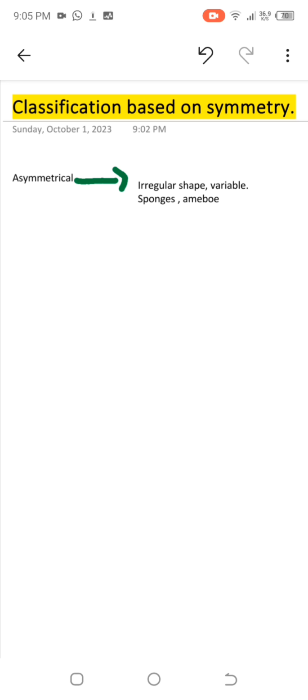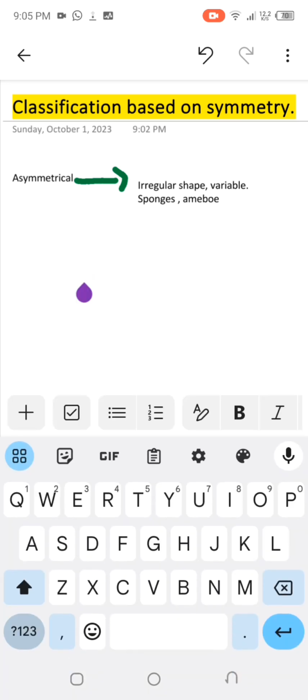Eumetazoa is one type of symmetry which is divided into two major groups on the basis of what? Body symmetry. Let me write here.